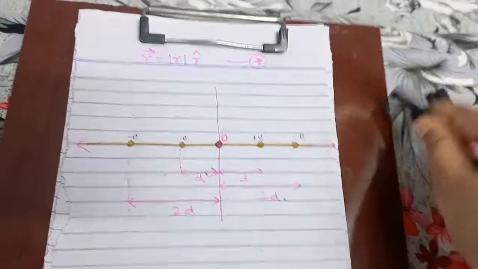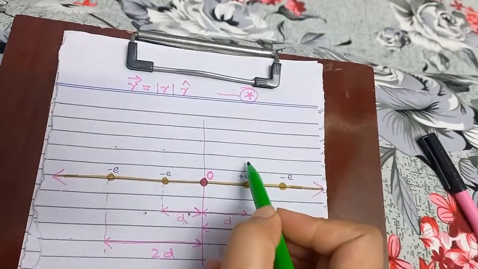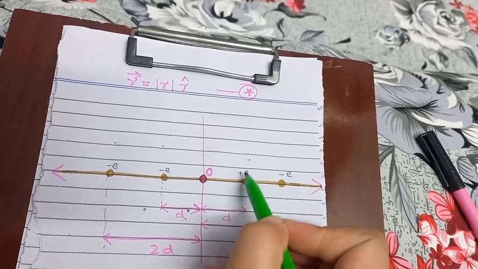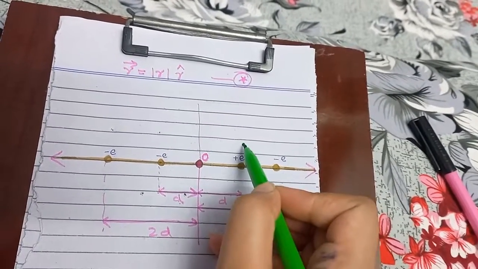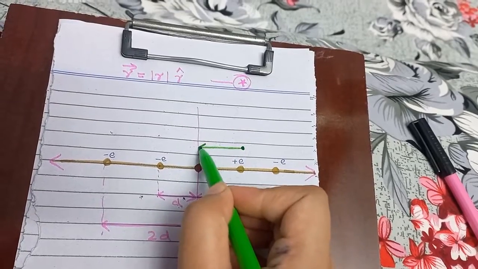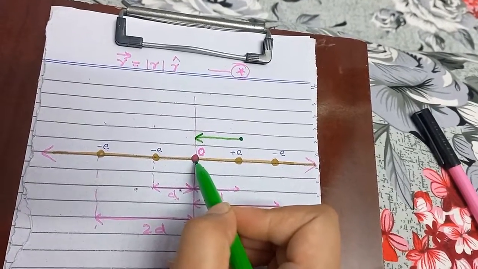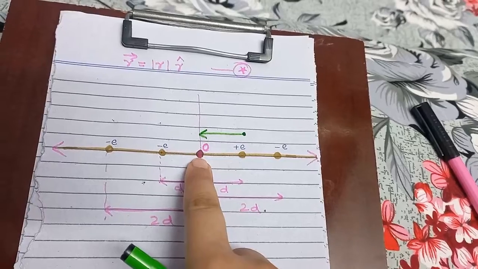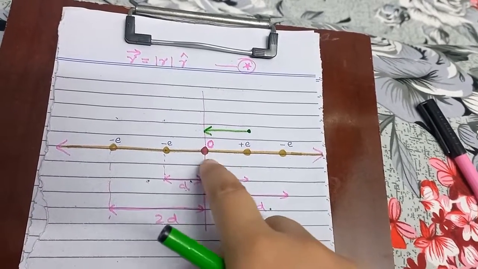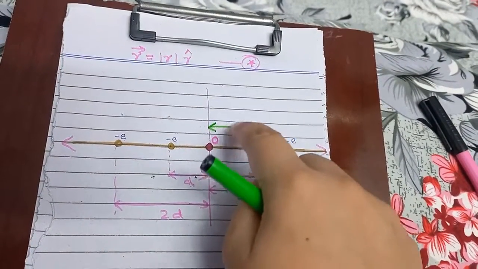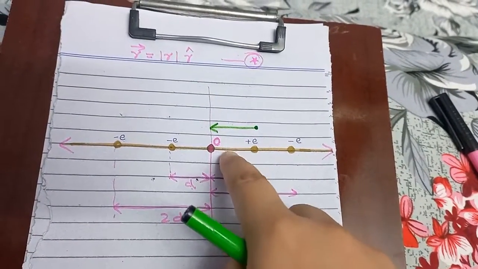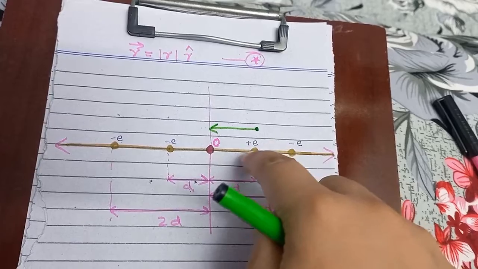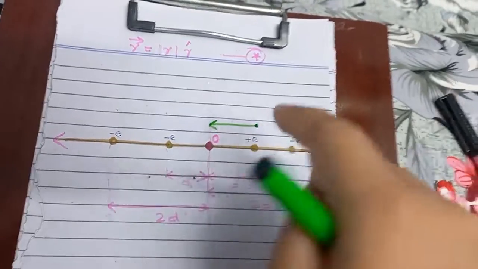I'm using a green pen for this. Starting from the initial point at the charged object, the head will always be at this central body. The position of the vectors is arbitrary here. I have drawn it above the axis line to make sure that you are seeing it.